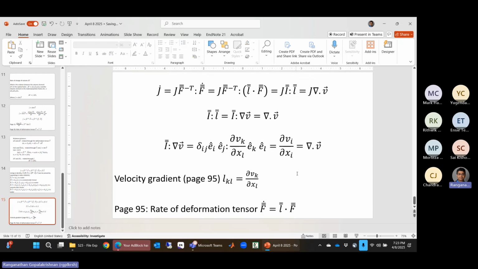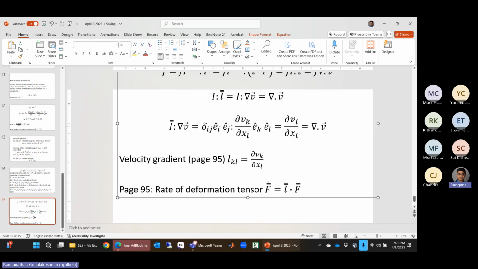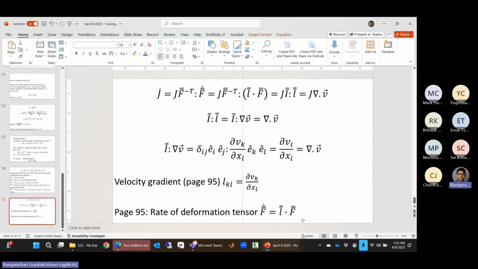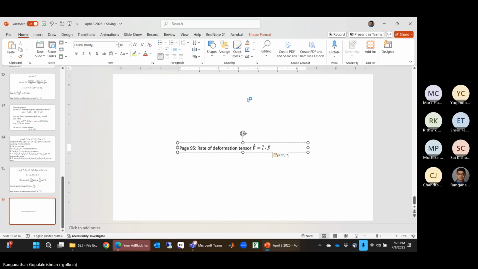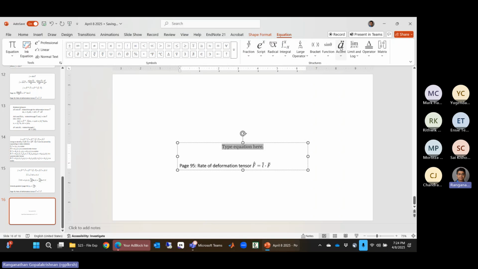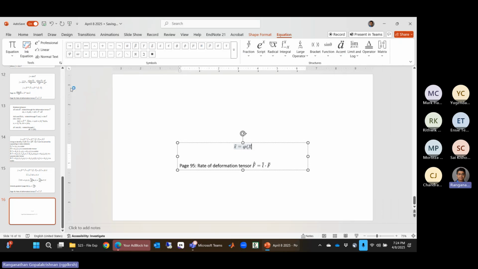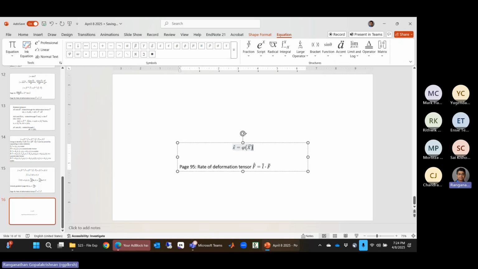The reason I'm asking is that you have a deformation, that is described by F. And if it has a time dependence, I need to make this connection. Go back to the basics. What is the deformation mapping? x is equal to phi of X. This is the deformation mapping.